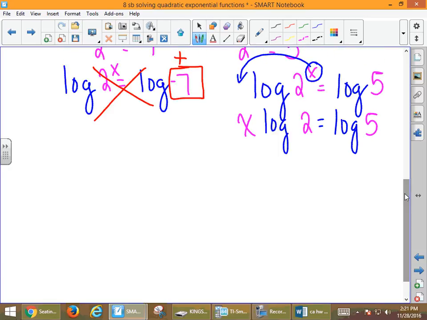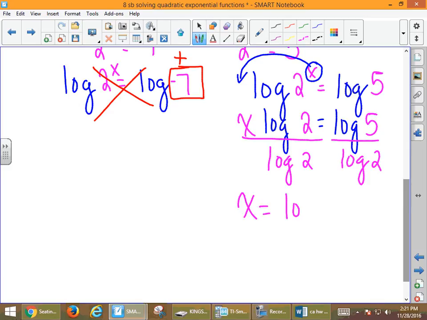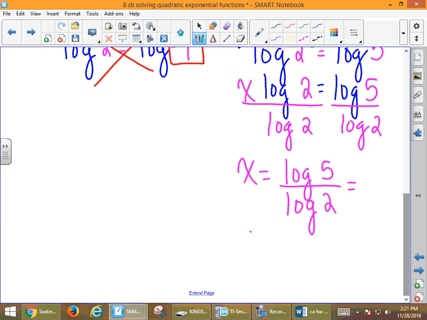The inverse operation is going to be division. So we're going to divide by log of 2. So our exact answer then becomes log of 5 divided by log of 2. And if we were to type that into the calculator, it ends up to be 2.3219. Did we have to round that down?